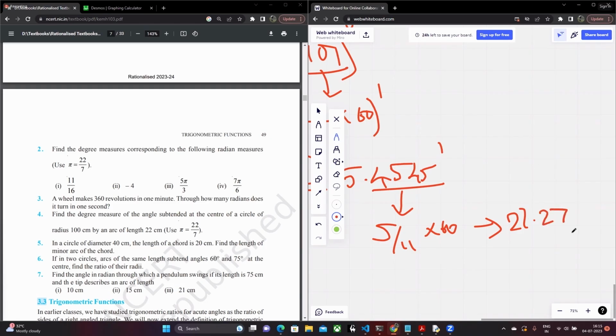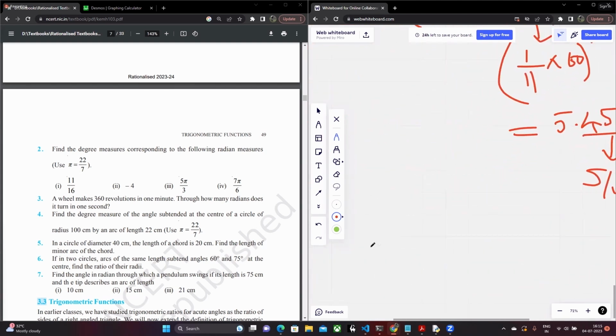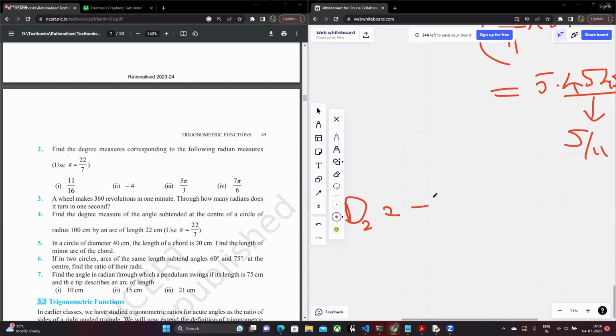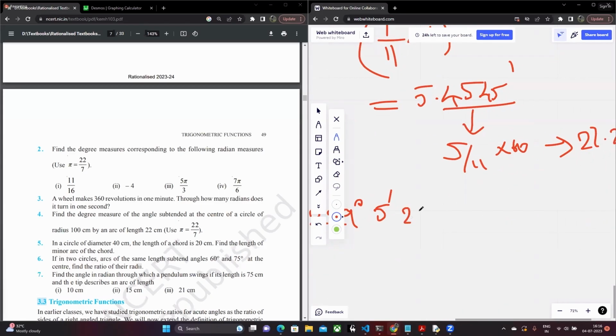Fairly straightforward. 27.2727, right? So you basically have your D2 is equal to: the first part is minus 229 degrees. The second part is 5 minutes. And the third part is going to be 27.27 seconds.